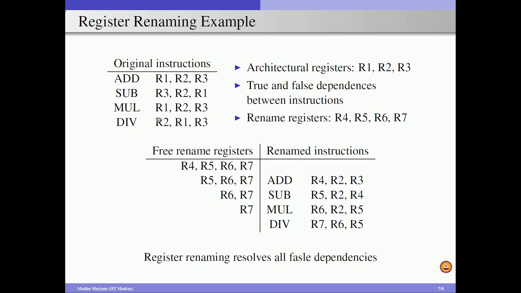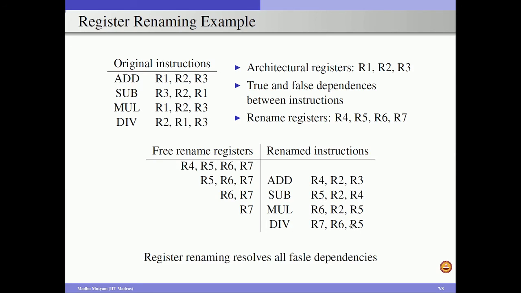Mul and div in the original code have a name dependence because of R2, but now these two do not have any name dependence, because here we are using R2, whereas here we are using R7. So these two are different, and that also we eliminated. And div and sub in the original code have a true dependence because of R3; still that is maintained here. Div and sub have a true dependence between R5 and R5.